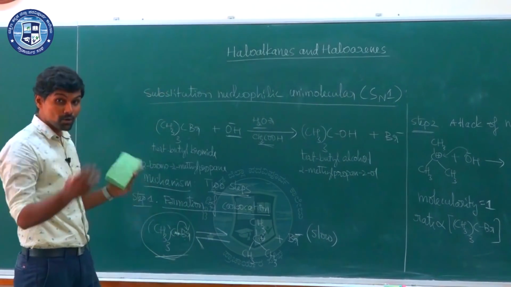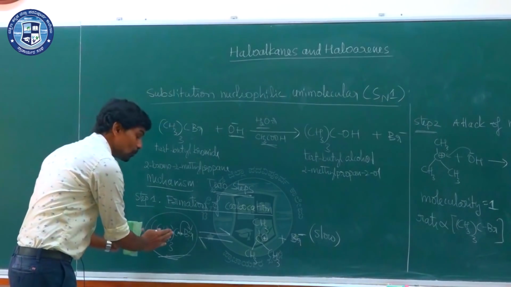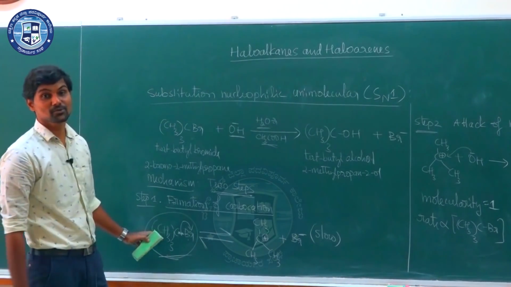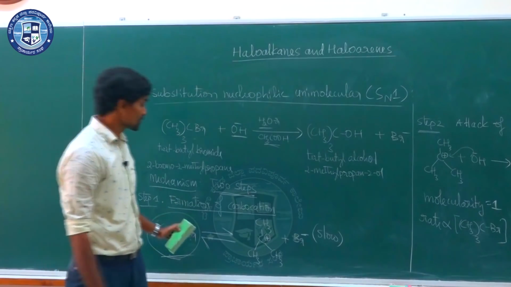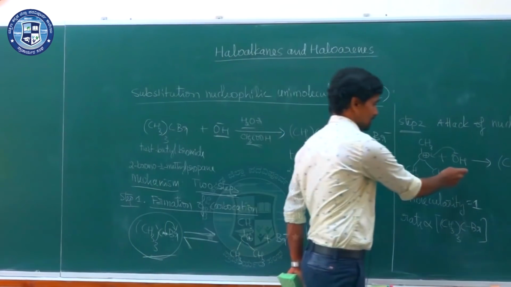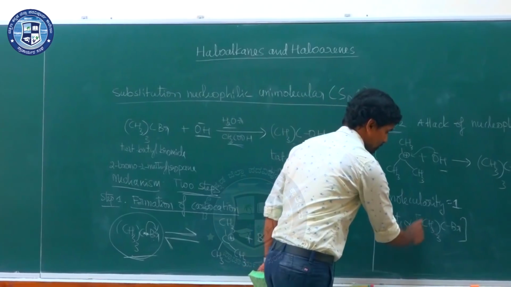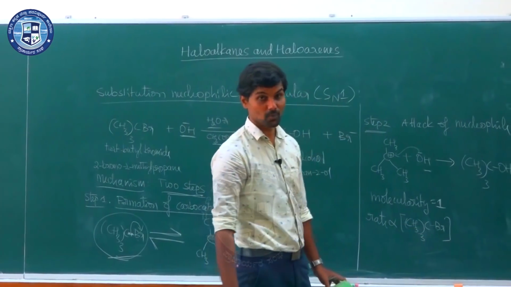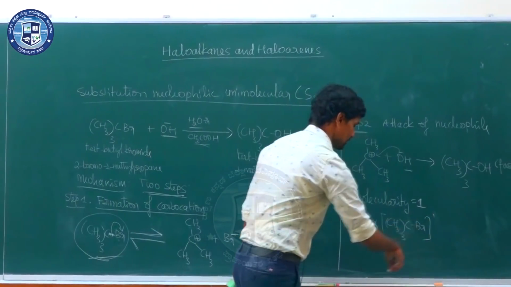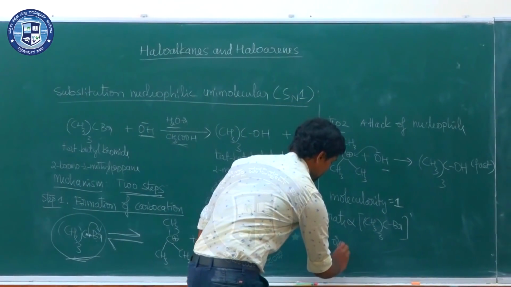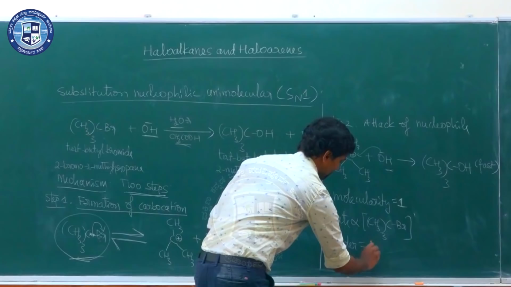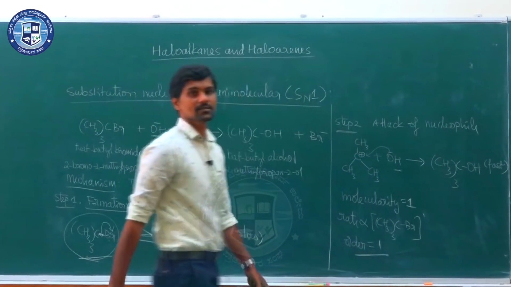So the rate of the overall reaction depends only on the concentration of tertiary butyl bromide, not on the concentration of OH minus. So rate is proportional to the concentration of tertiary butyl bromide. Therefore the power is 1, therefore the order of this reaction is 1.